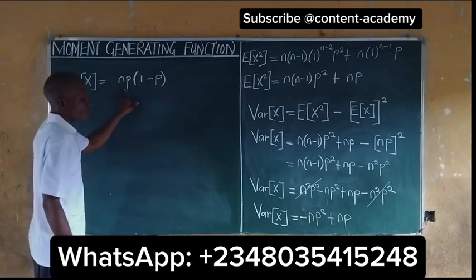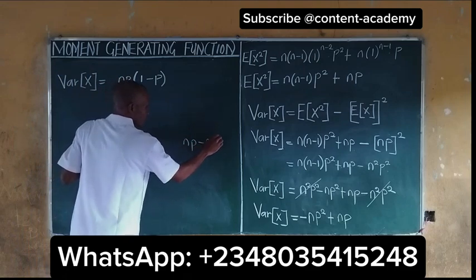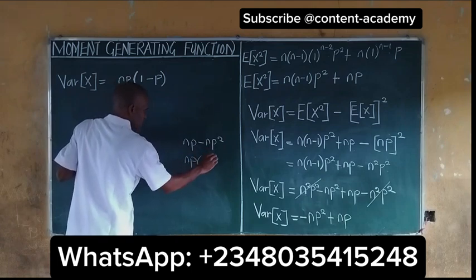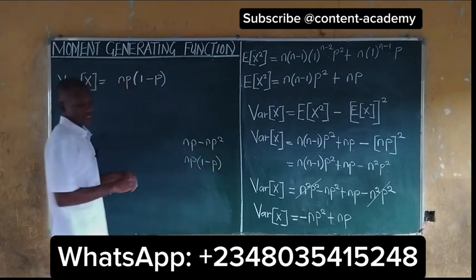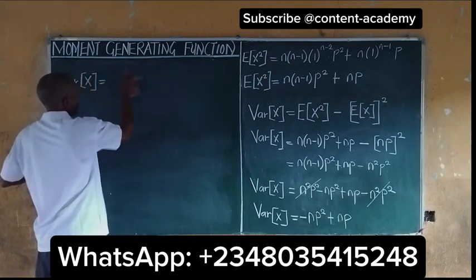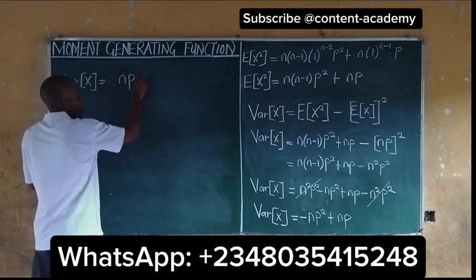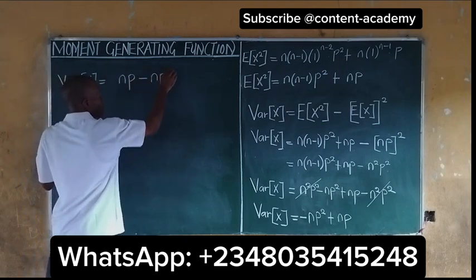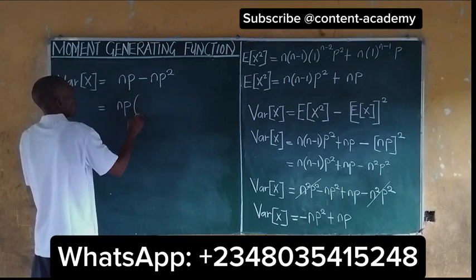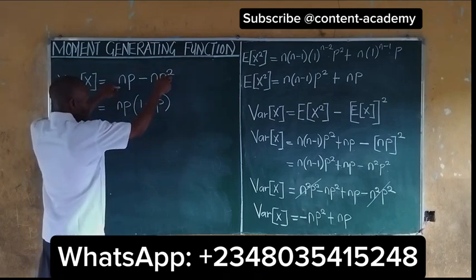So this is what we'll get. This is because we can write this as np minus np squared. So if you bring out np, we'll have 1 minus p. Yes, that is what we get. So that is how we arrived at this point. Or we can simply write it out properly. So our variance can be written as np minus np squared, which is equal to np. If we bring out np into our bracket, we'll have 1 minus p. If you open this bracket, you still get the same thing.